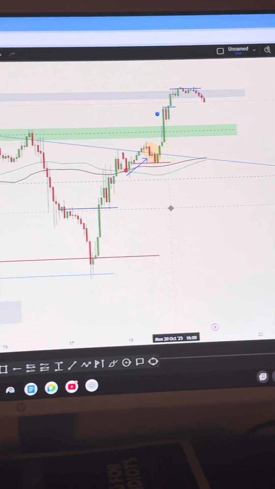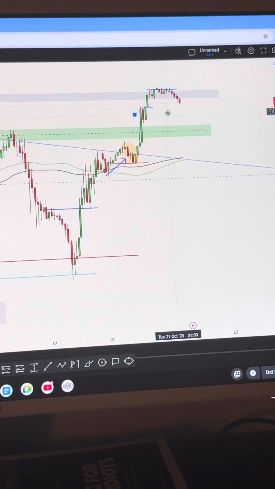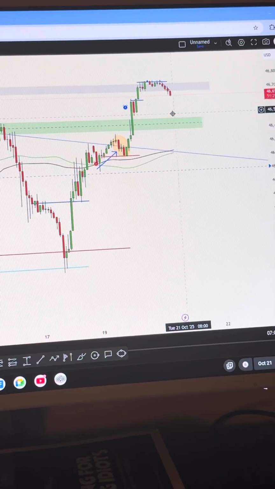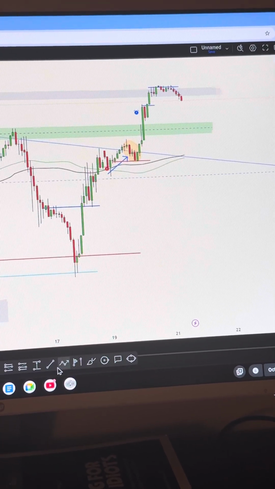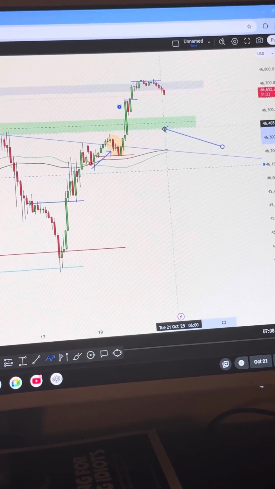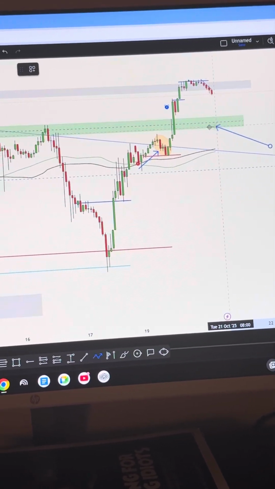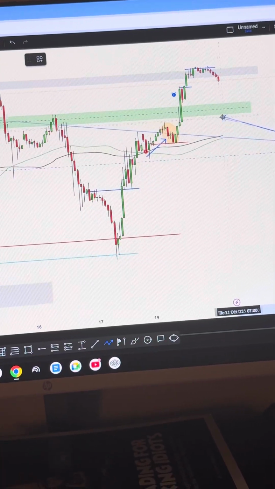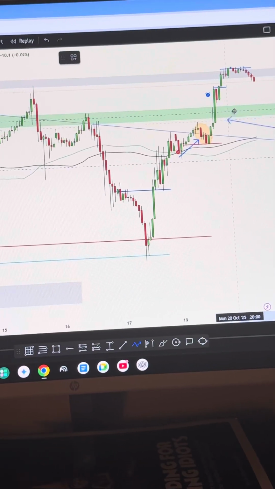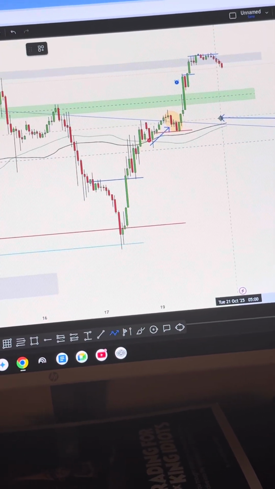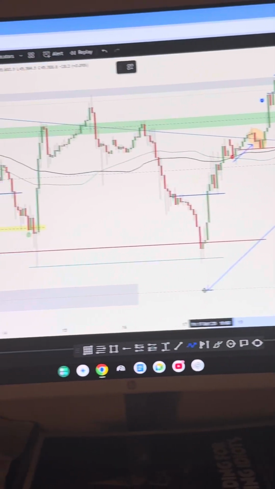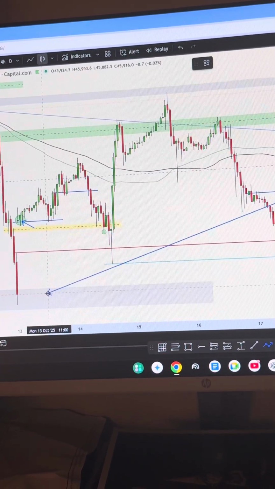Now, I know price broke through the trend line, and I'm not gonna wait until price goes all the way down, and decides to either A, start mitigating around here, this exhaustion zone, and then we can start seeing a continuation again to the upside, or we can even break this exhaustion again and continue breaking the lows and continue going to the gap there that still hasn't been filled.